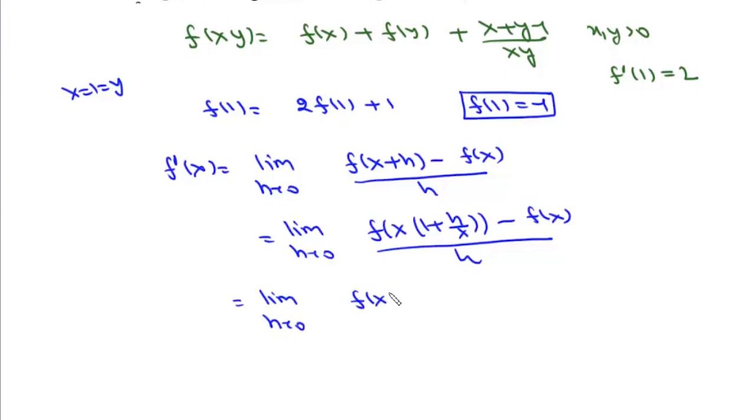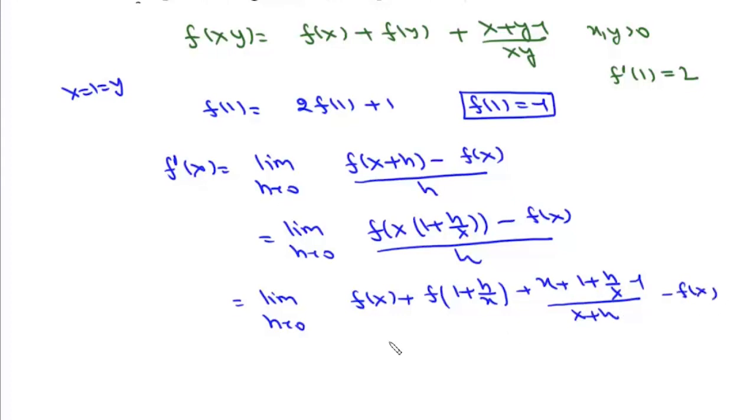Now this is fx plus f of 1 plus h upon x, and then plus x plus 1 plus h upon x minus 1 upon x plus h minus fx, whole divided by h. Now this fx and fx will cancel, and this 1 and 1 will also cancel.